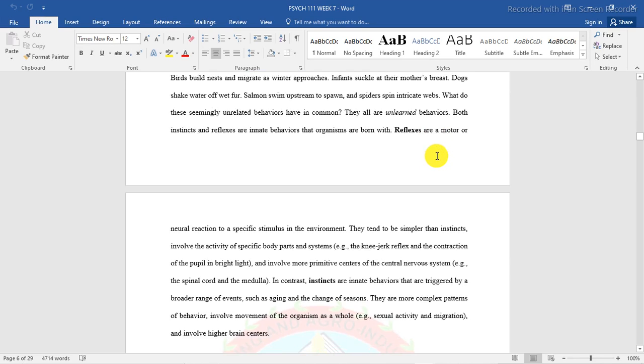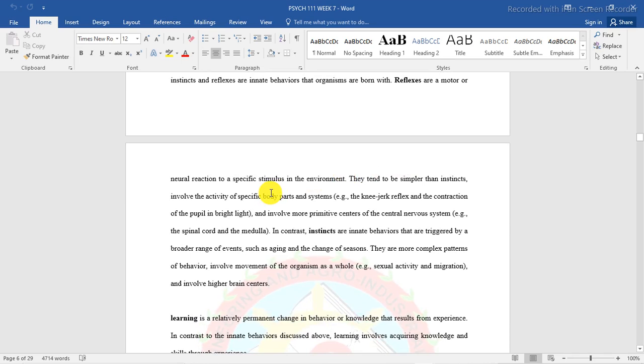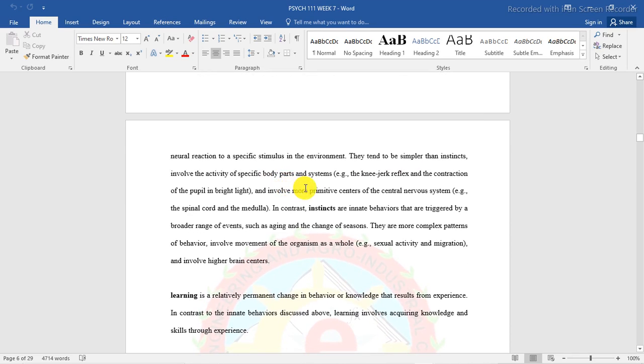Reflexes are a motor or neural reaction to a specific stimulus in the environment. So they tend to be simpler than instincts, involving the activity of specific body parts and systems. Example, knee-jerk reflexes and constriction of the pupil, that's your reflex, and they involve more primitive centers in the central nervous system, the spinal cord and the medulla.